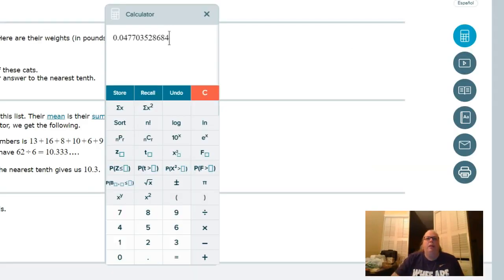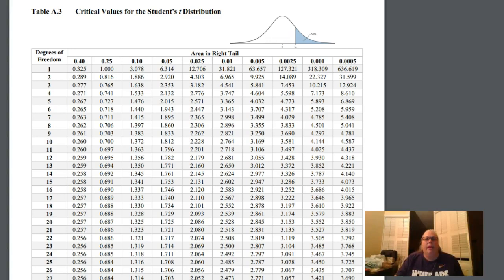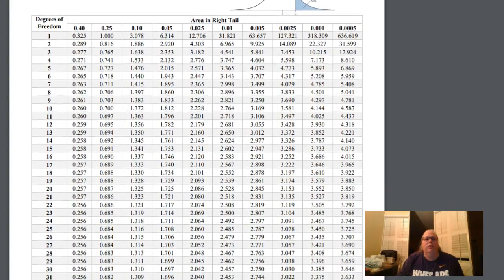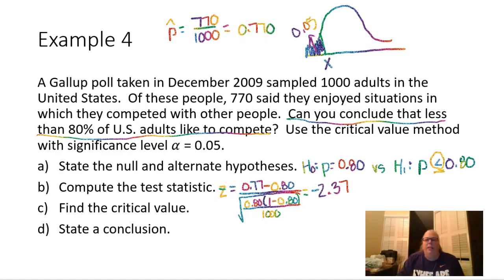And we can pull that up here. So we'd be looking in the body here, or I can pull up table A3, and here's my 0.05, and I can go all the way down to the Z line. 1, 2, 3, 4, and that gives me my critical value right here of 1.645, and I think that one's going to be a little bit quicker there.